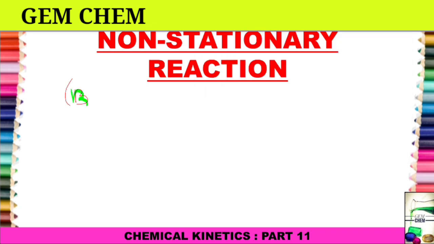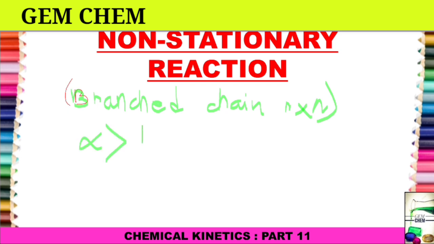Since it is a branched chain reaction, we can expect that the value of alpha would be greater than 1.